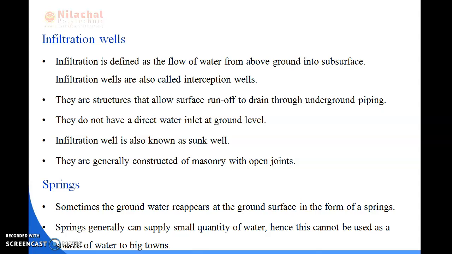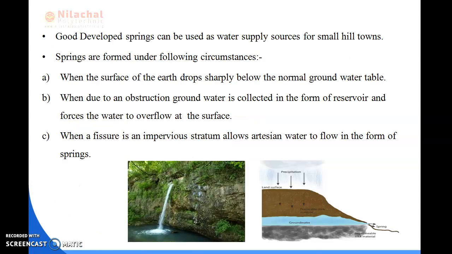As all of us know, springs cannot supply large amounts of water, so they can be used for small towns, not big towns.